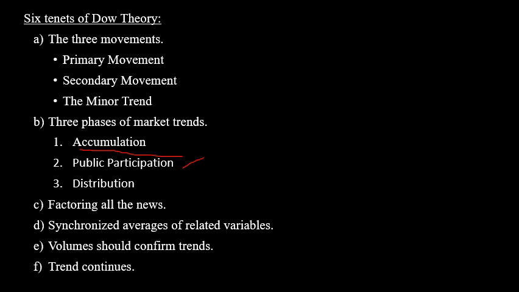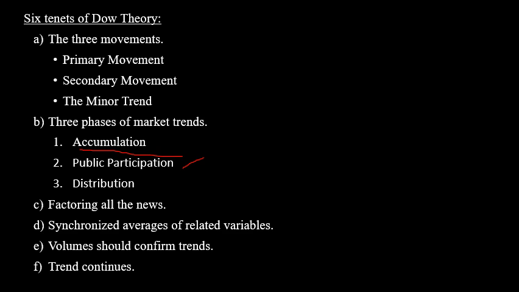In the first stage the price does not go up, but in the second stage the price increases rapidly because of speculation or high demand from other investors, either individual investors or groups of investors.